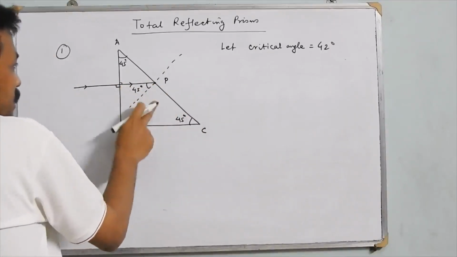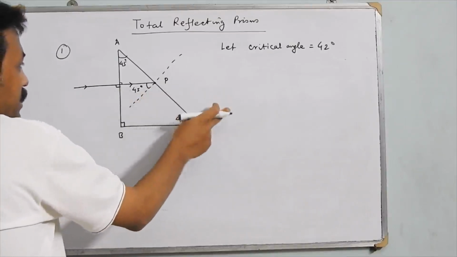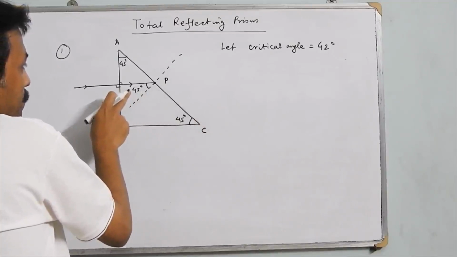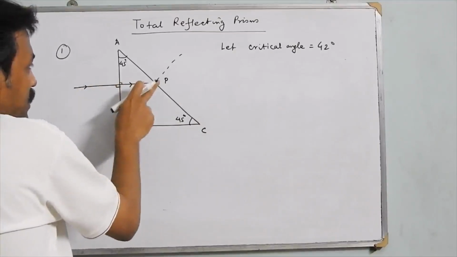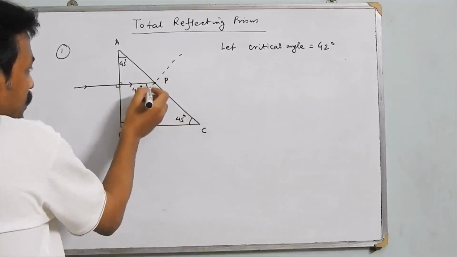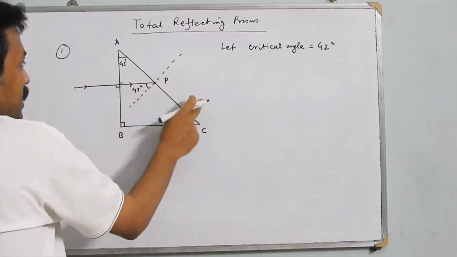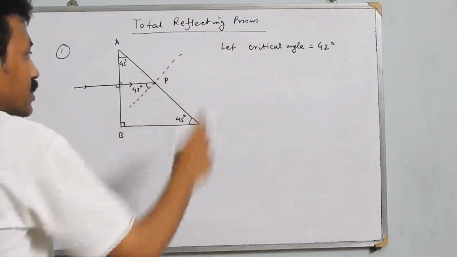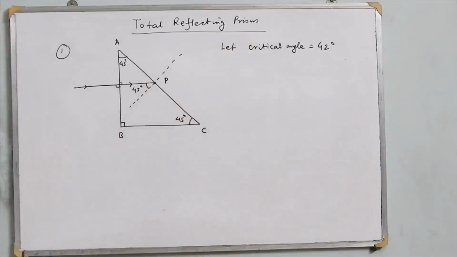So rarer to denser, then denser to rarer. So when it is inside the prism, it is definitely moving from denser to rarer. So now the critical angle for glass versus air is 42 degree. This angle of incidence is greater than 42 degree. So total internal reflection will occur.